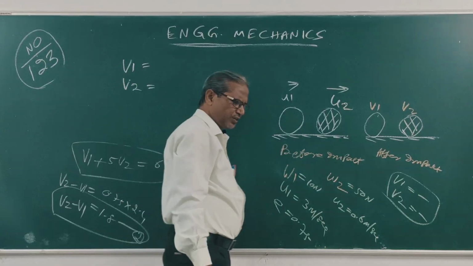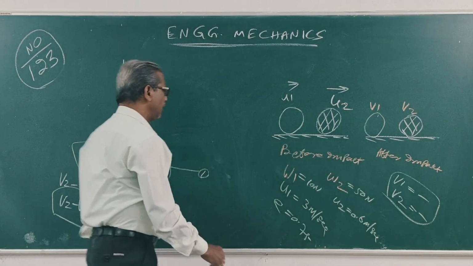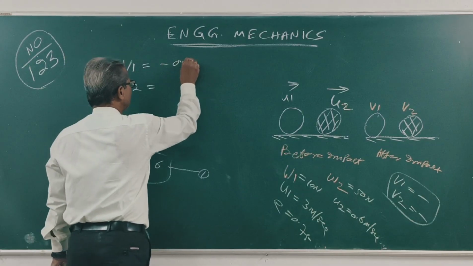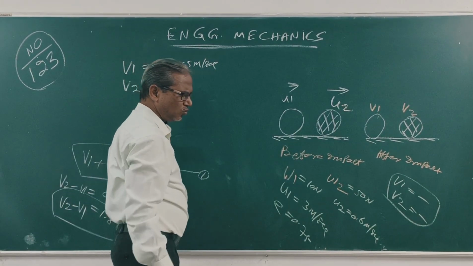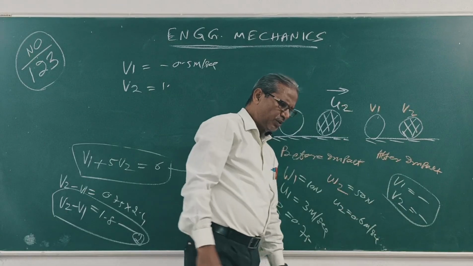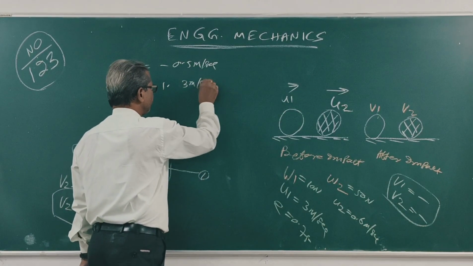Clear? V1 is equal to minus 0.5 meter per second, V2 is equal to 1.3 meter per second.